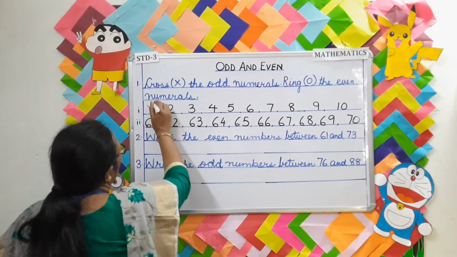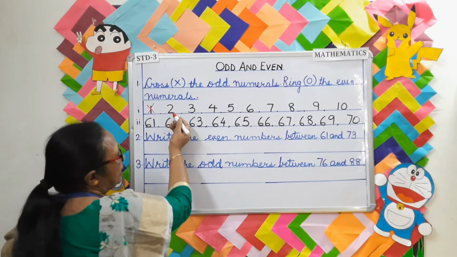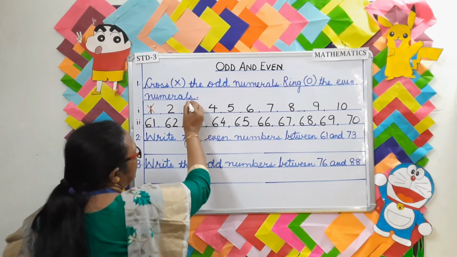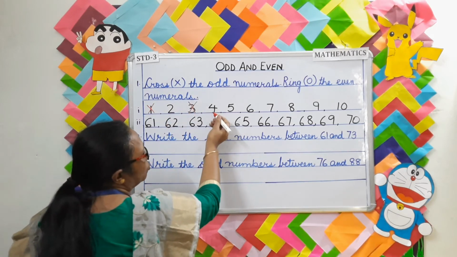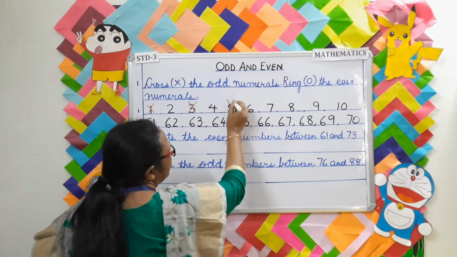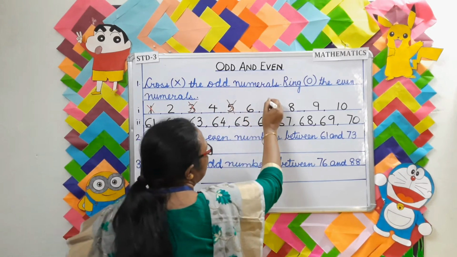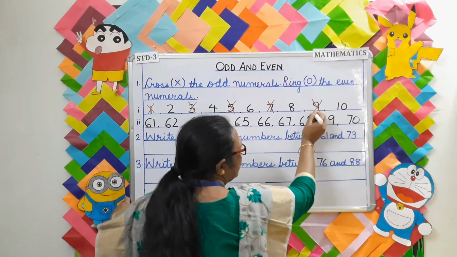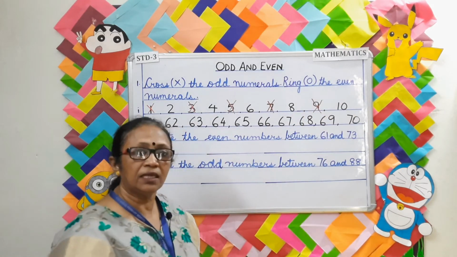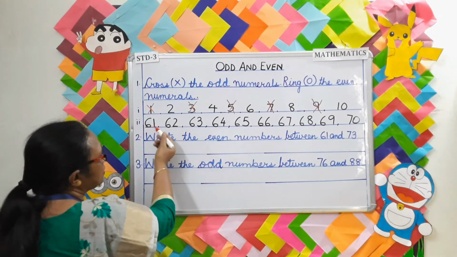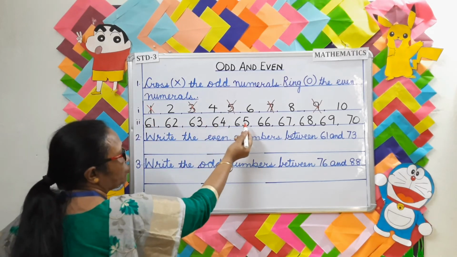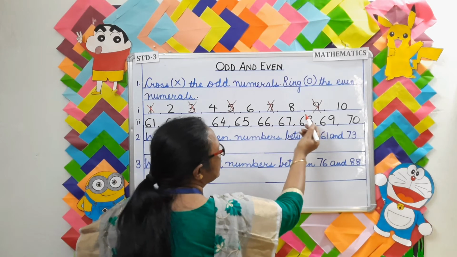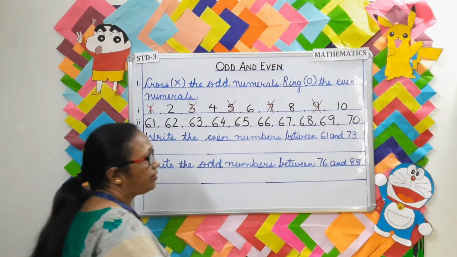So, we will cross. 2 is an even number. 3 is an odd number. 4 even. 5 is odd. 6 is even. 7 is odd. 8 is even. 9 is odd. And 10 is even.